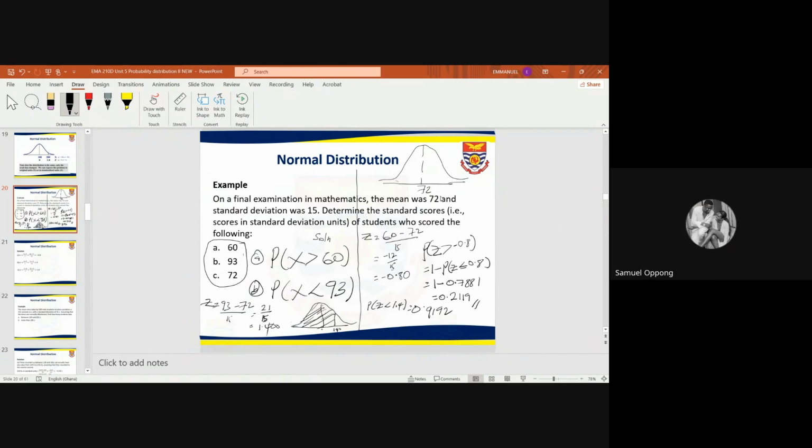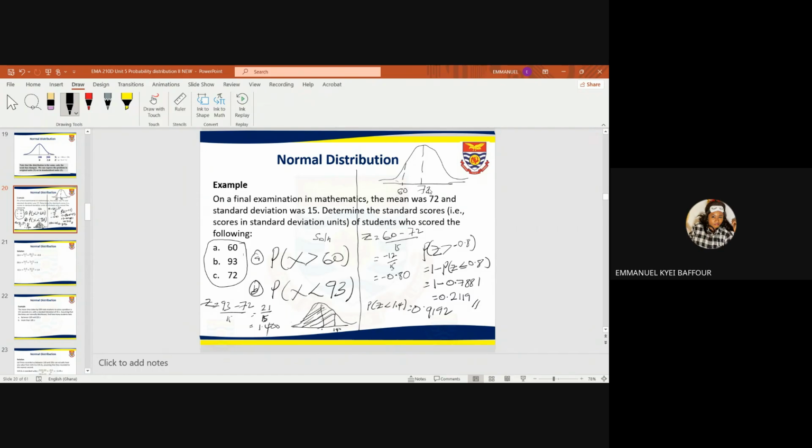Yes, sir. If it is the 72, then we would now write 60 elsewhere. But the moment we don't have a table that will allow us to find the probabilities for this, but rather we have to convert from the raw state to the standard Z distribution, then we have to convert this mean as well.